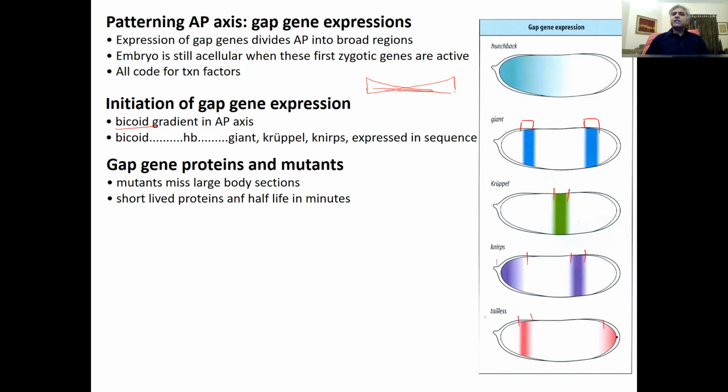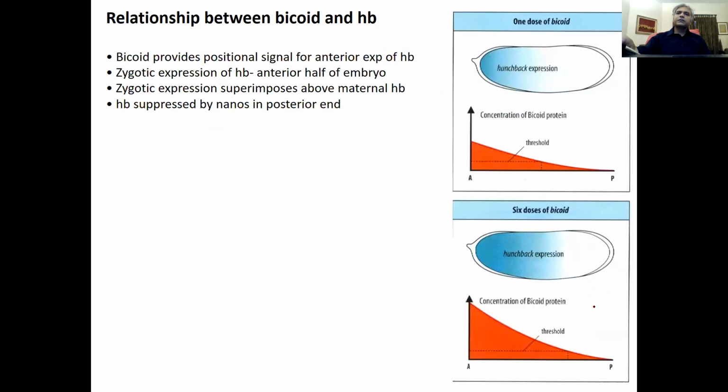So all the gap genes, if you pay attention, are in discrete regions. Now, a gene called hunchback, we already talked about hunchback. It is a maternal effect gene as well as an early gap gene as well.